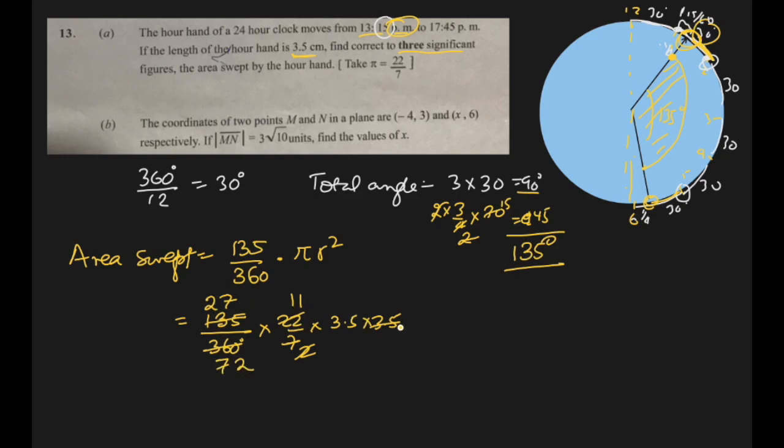Anything left? Nothing else. Yeah, we can cancel this. 3 times 9, 24. Again, we can use a calculator if you are not comfortable with what I'm doing here. So 3 times 11, 33 times 3.5 left on top, and 8 left at the bottom.